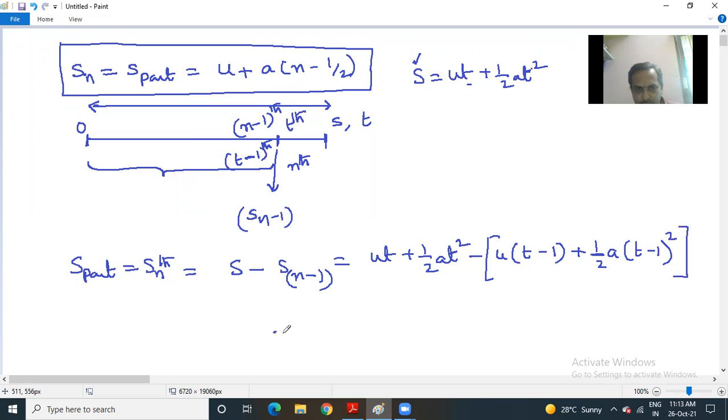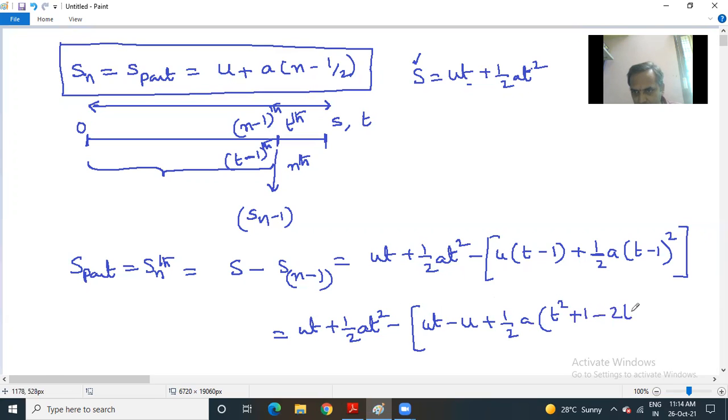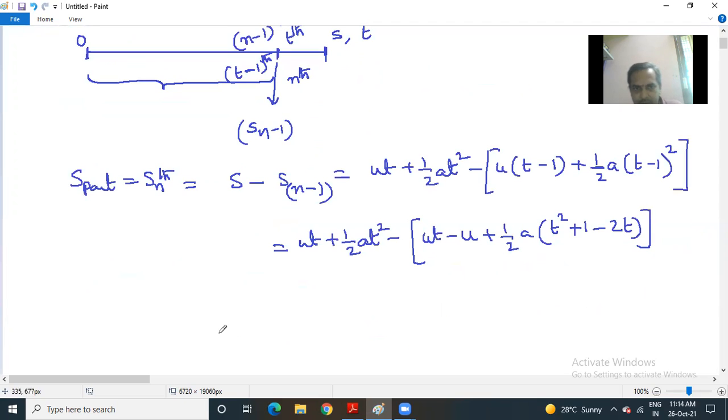Now first you write ut plus half at square as it is, minus. So this will be ut, and this will be minus u plus half. First you expand this one, t minus 1 whole square, which looks like a minus b whole square: t square plus 1 minus 2t. Now just write one more step here.